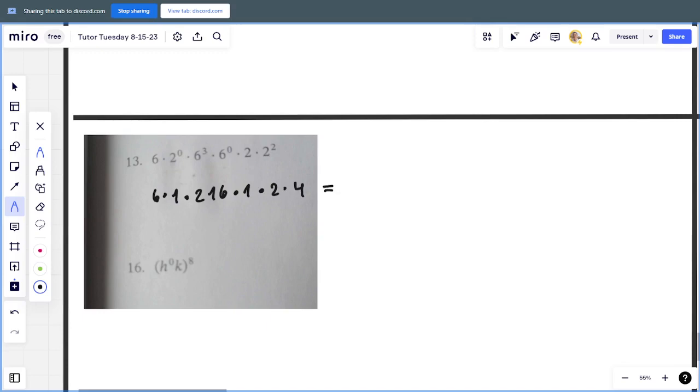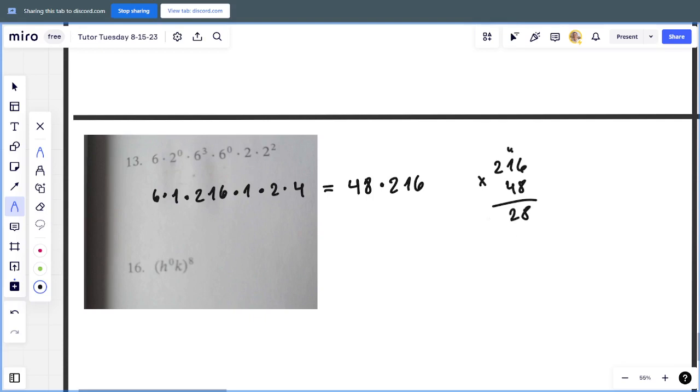So maybe I can try doing this as a mental math exercise. I know I would group 2 times 4 as 8, and then 6 times 8 would be 48. So then we have 48 times 216. Now I'm not that good at my 2-digit and 3-digit multiplication, so at this point I'd probably have to write it out like this. 8 times 6 is 48.